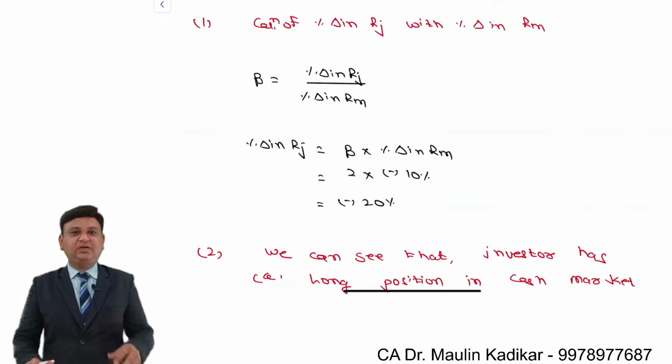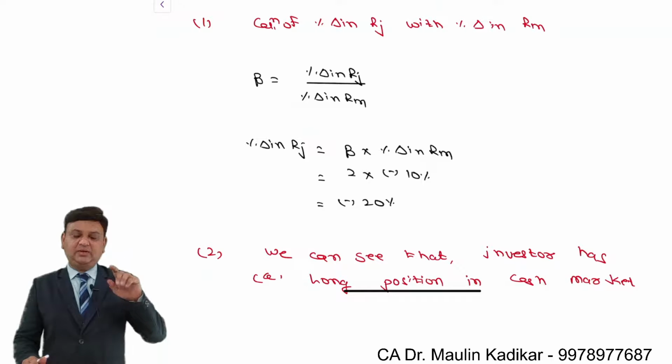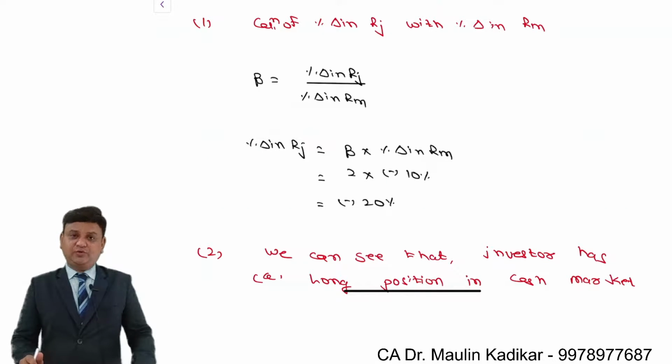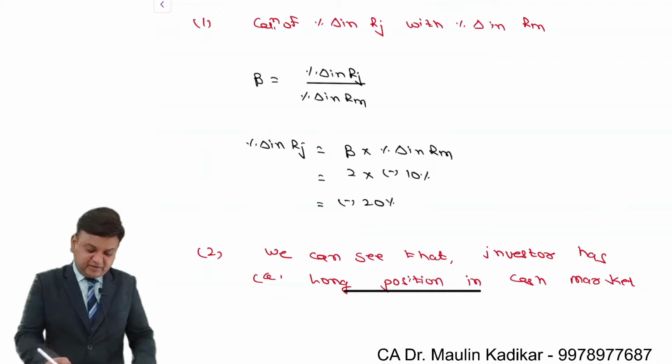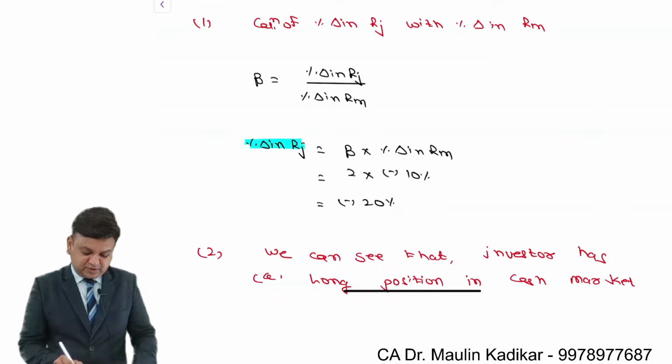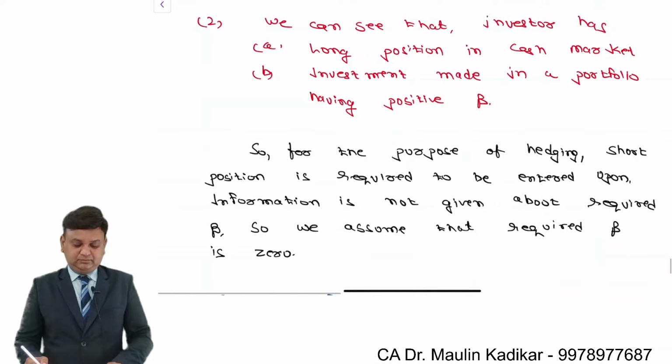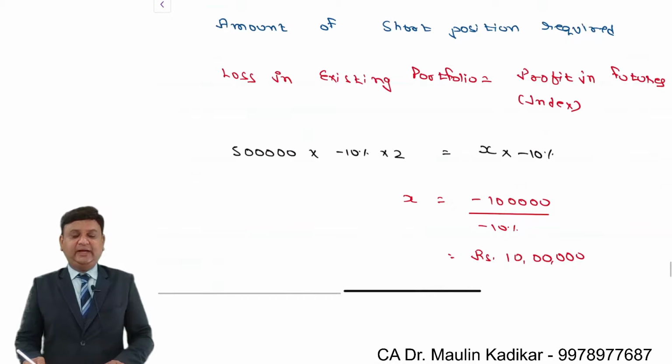So let us have a summary of the working that we did. The first question is very simple. Computation of the percentage change in the return of your portfolio, percentage change in the value of your portfolio with change in the market portfolio return. Then second is the transaction for entering into the short position.